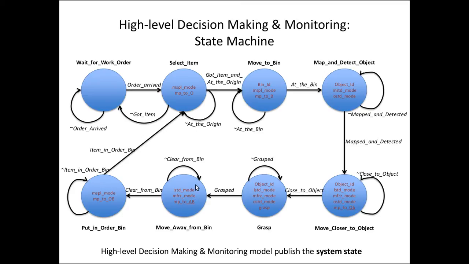In the move away from the beam stage, the mapper model will publish a frozen version of the map. The localization model will be in the standard mode, so I will have proper localization with respect to the shelf if the robot has not moved it. And I will use in this situation the motion planning to move away from the beam. In this condition, the motion planner should use the map and the pose and move the arm away from the beam.